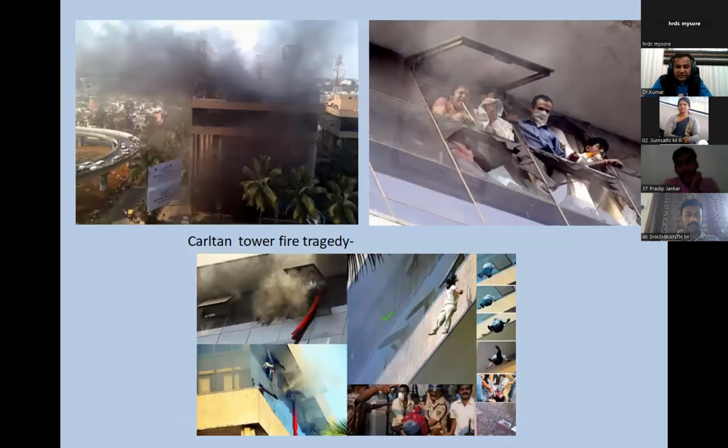And this is a tragedy which I can mention here. It happened way back in 2012-13: the Carlton Tower fire tragedy in Bangalore.